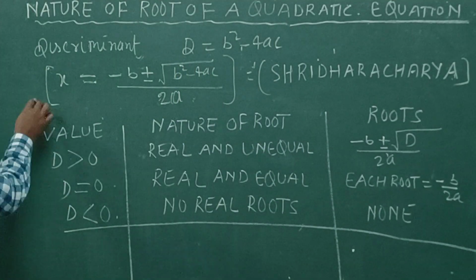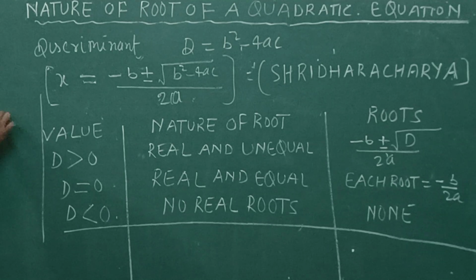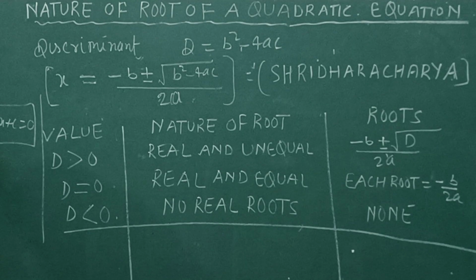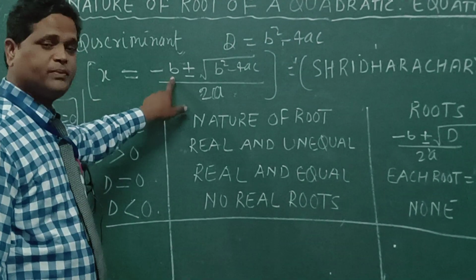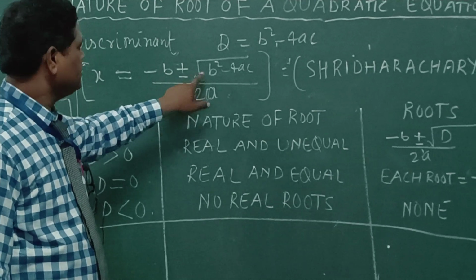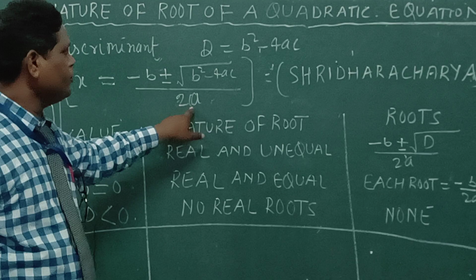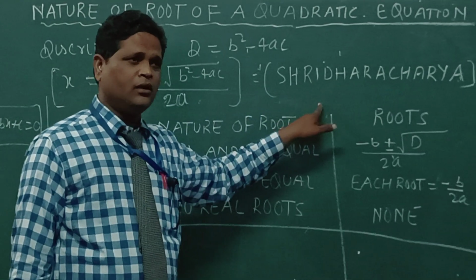We know that the quadratic equation is ax square plus bx plus c equal 0. So x equal minus b plus minus root b square minus 4ac by 2a, the Sridharacharya rule.